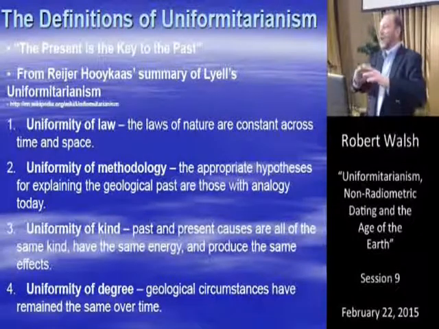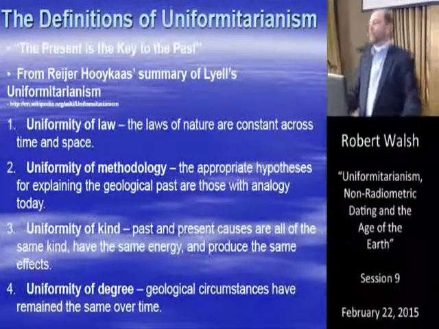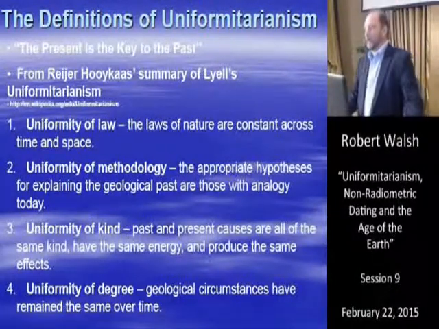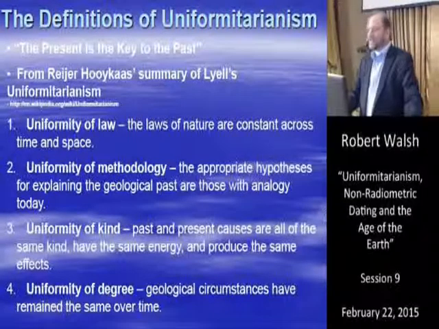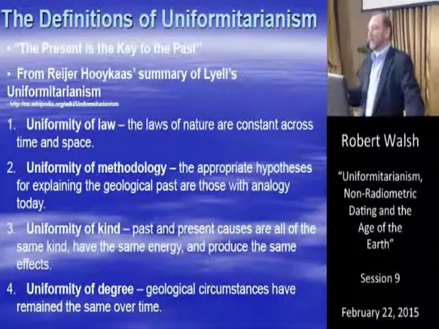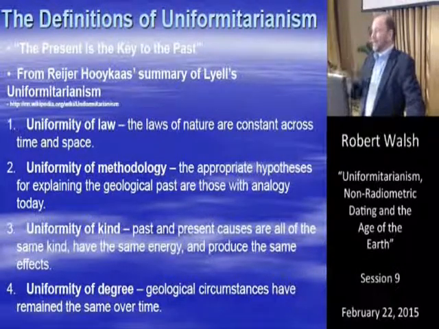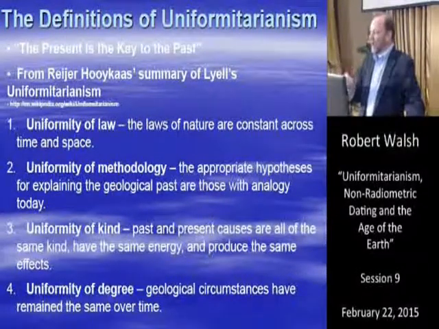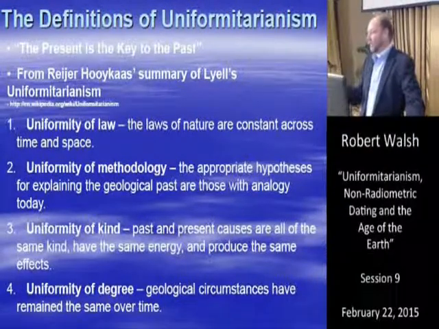So if we take an overview of these four bullet items from Hooykaas, they essentially say that geological processes have occurred in the same way, in both kind and process.